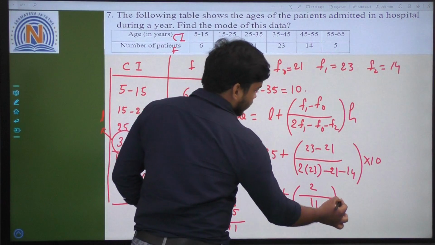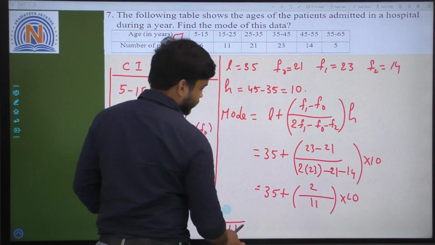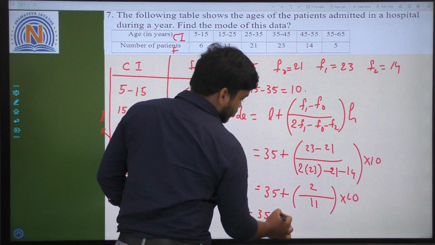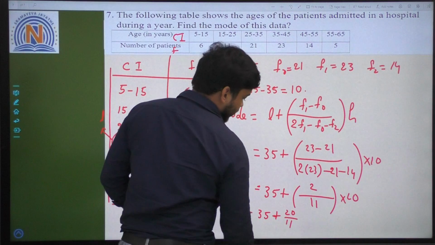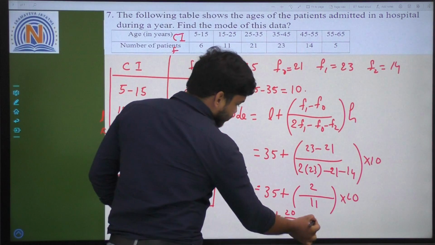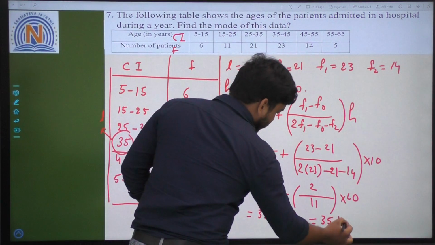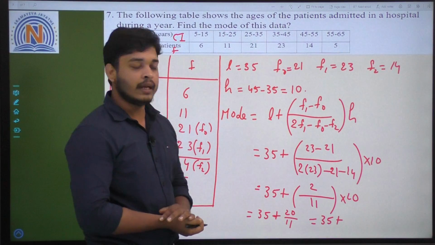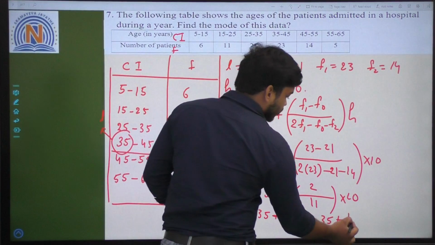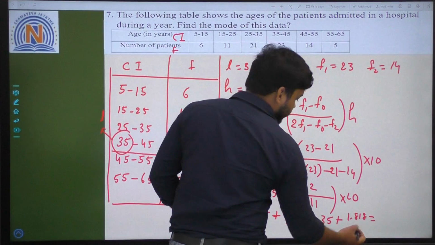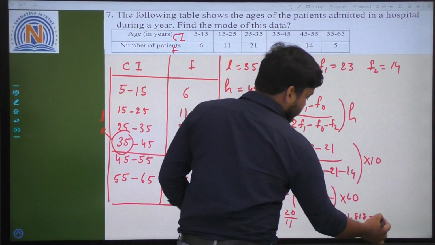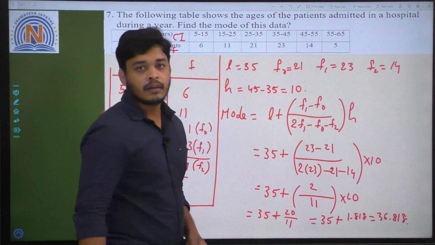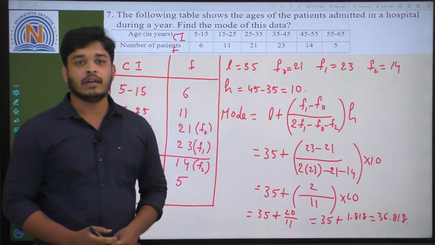So 35 plus 20 by 11. 20 by 11 is approximately 1.818, which gives 35 plus 1.818, that is 36.818.